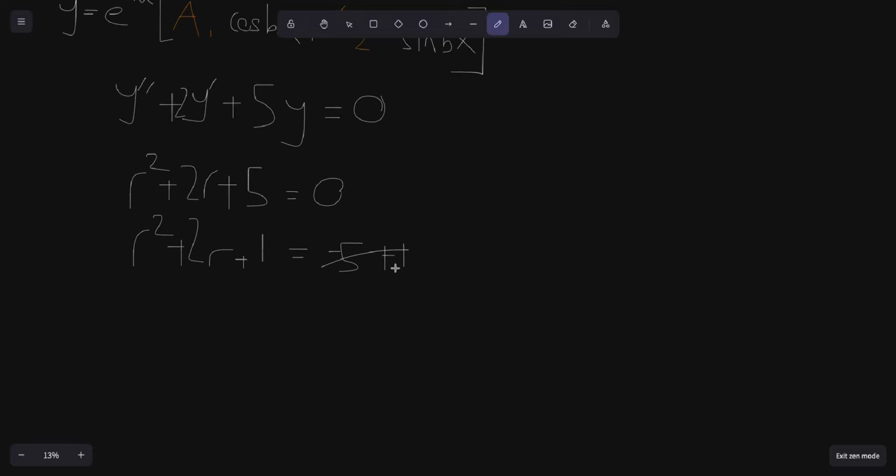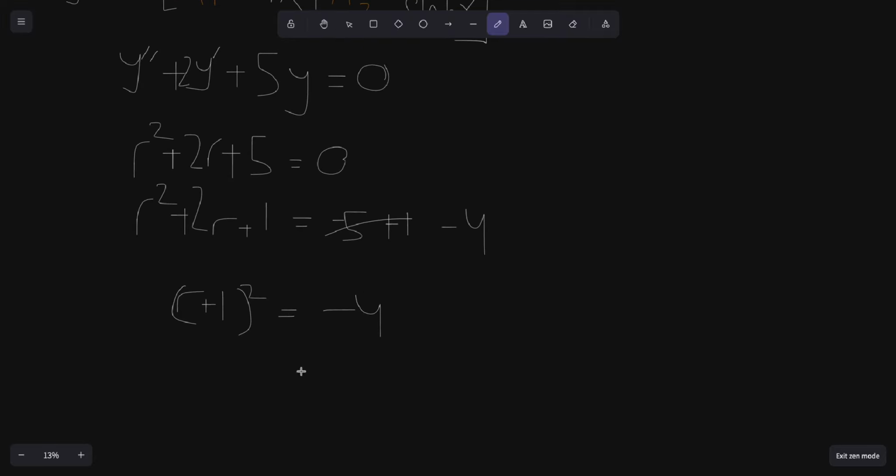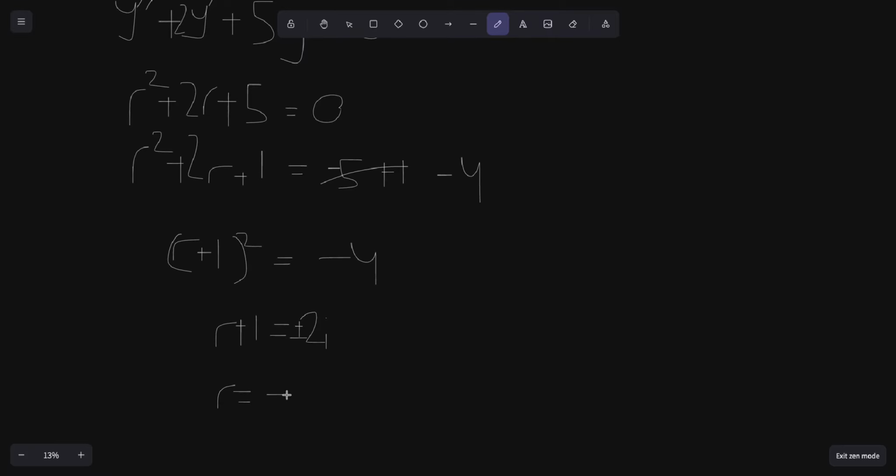So it's just going to be -4, and then this is just going to be r plus 1 squared is equal to -4. I square root both sides, and I get that plus or minus 2i is equal to r plus 1, because remember, when we're square rooting, we have to add the plus or minus. And that means that r is equal to -1 plus or minus 2i.